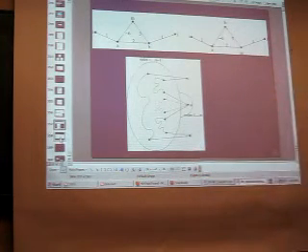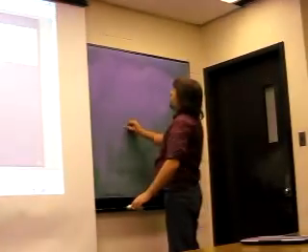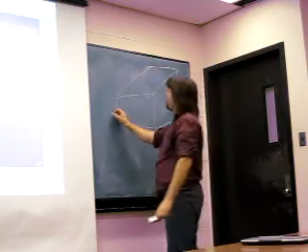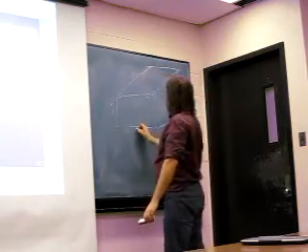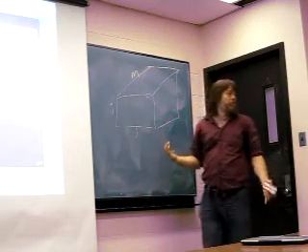So we're going to have a big three-dimensional table. Here's our table. For every i, j, and m, we're going to have a subproblem.